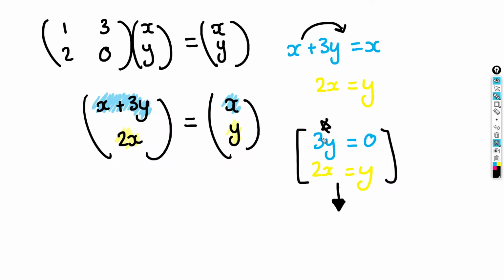The problem is with this top equation, 3y equals 0, it forces the y value to be 0. And then, since we have this relationship y equals 2x, but we know y is 0, x must be 0 as well. So the coordinate 0, 0 is invariant. The origin is invariant, but nothing else should be.